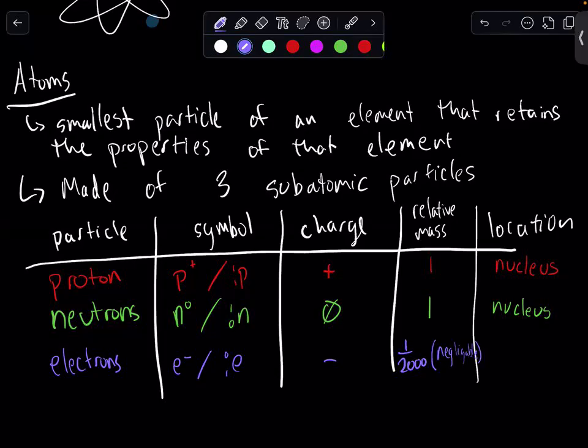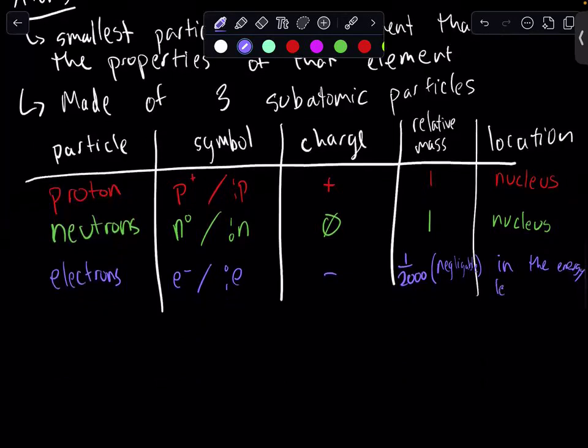So whenever we're considering mass, we kind of ignore the mass of the electron because if we have one proton, one neutron, and one electron, the mass is about 2, and that's close enough. And this is in the energy levels around the nucleus, sometimes referred to as the electron cloud.